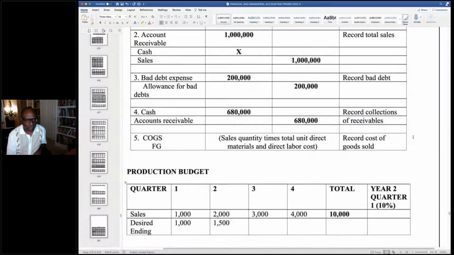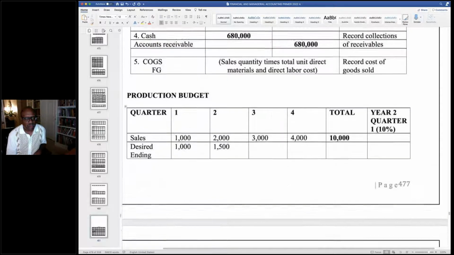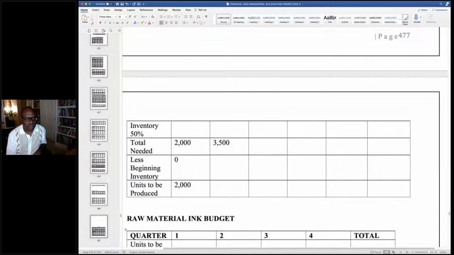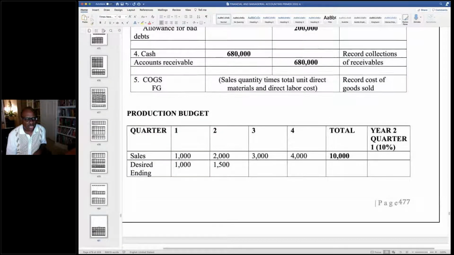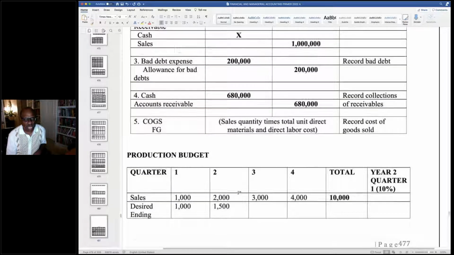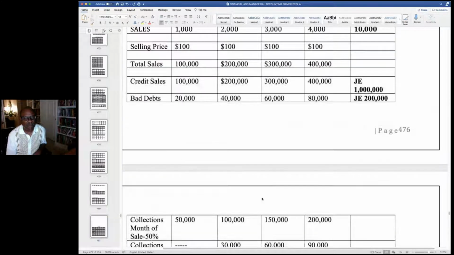But look how the raw material and labor budget is units to be produced, which comes from the production budget, which comes, and this top number comes from the sales budget.